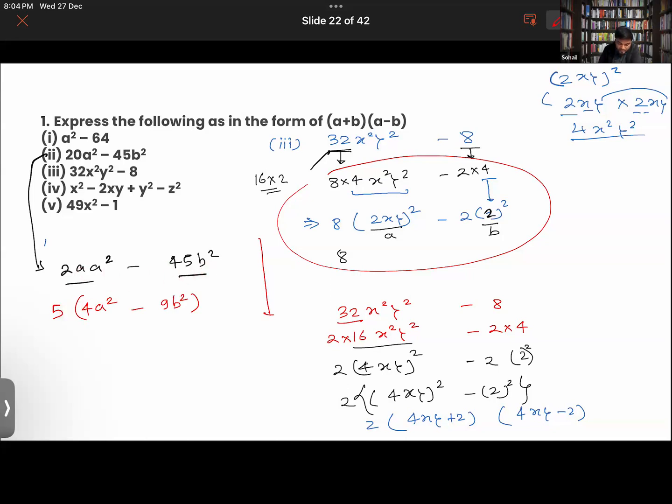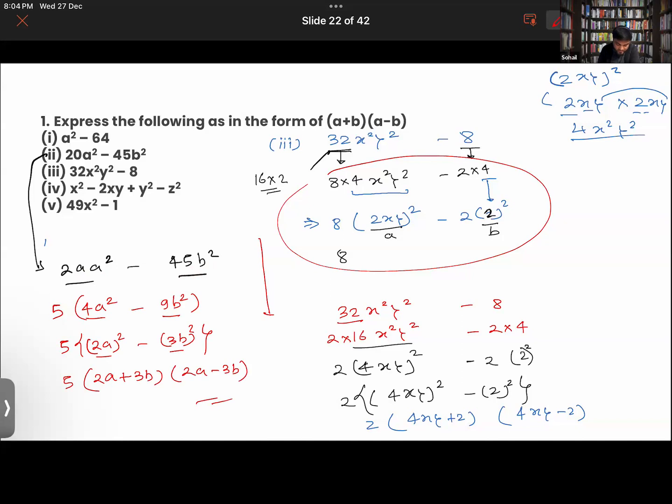Are all of you getting it? 4a square and 9b square can be written as 2a whole square minus 3b whole square. Now it becomes simple. This is in the format of a square minus b square. So hence we will write it as 2a plus 3b times 2a minus 3b.